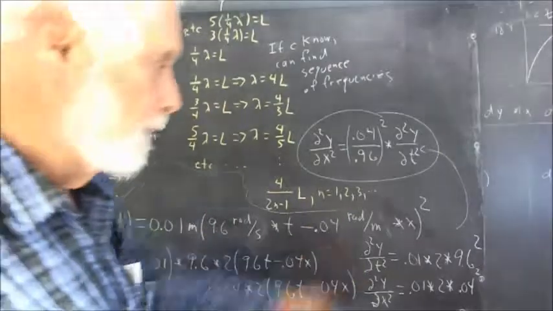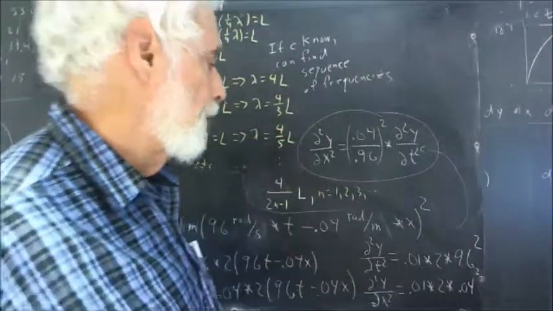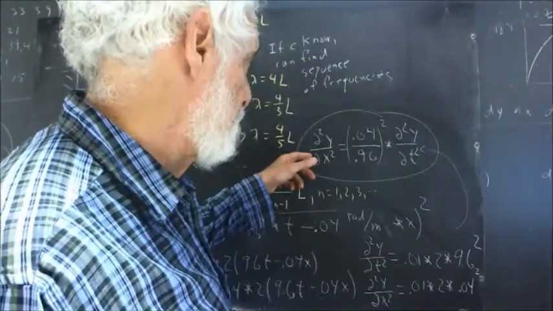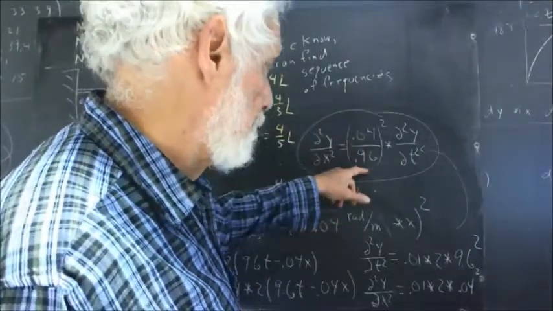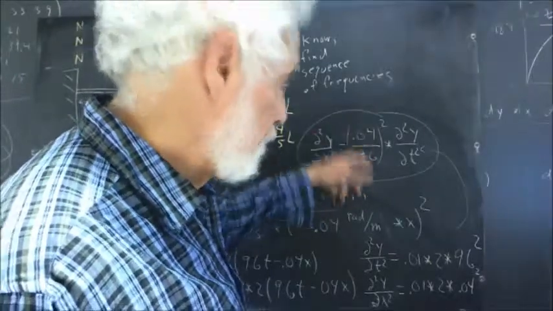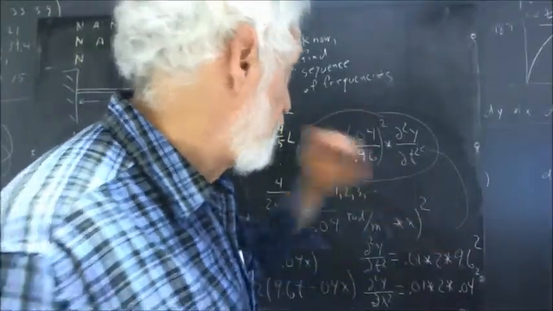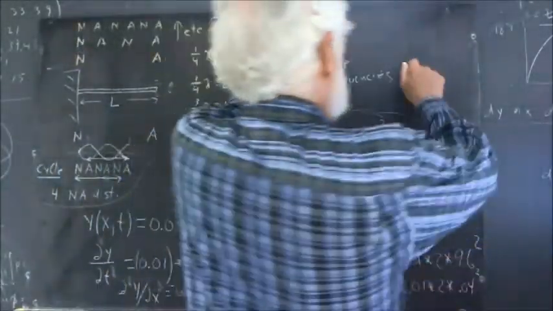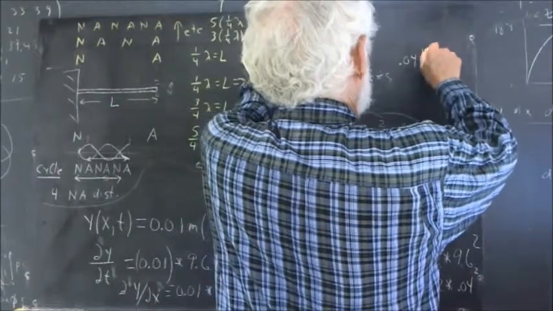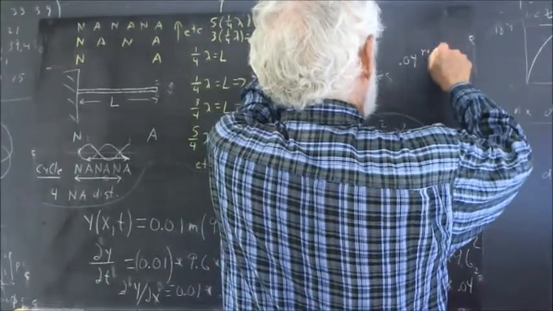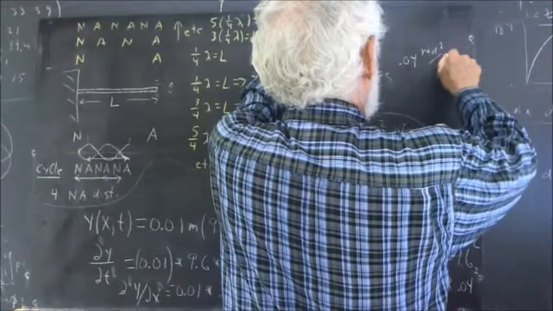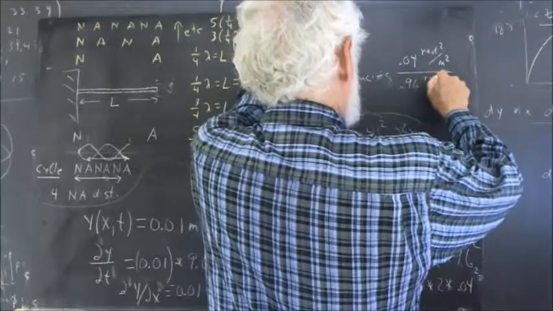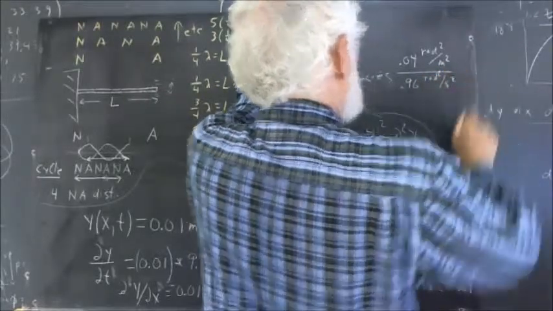Now, the partial derivatives are straightforward. If we divide one by the other, we can get the ratio, and we can see that the second partial of y with respect to x is going to be 0.04 squared over 0.96 squared, or (0.04 over 0.96) squared, times the second partial of y with respect to t. The units here: we have 0.04 radians squared per meter squared divided by 0.96 radians squared per second squared.